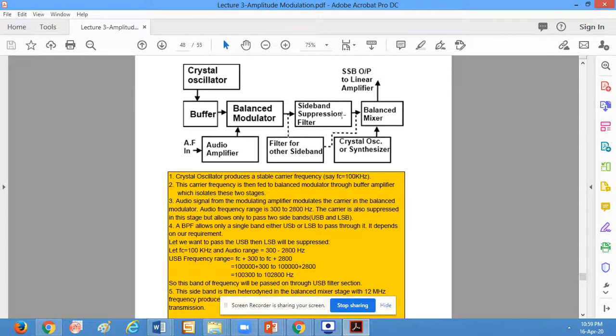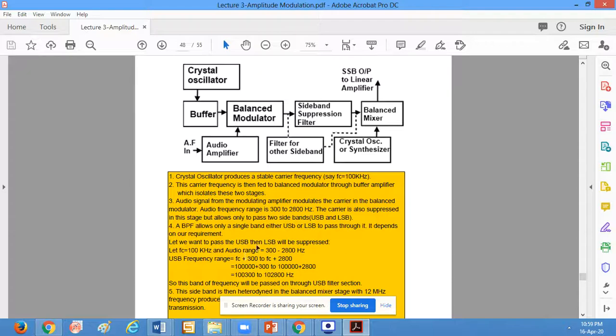Then it is given to another balanced modulator, and we have another crystal oscillator that is synthesizing the high frequency. Suppose we use a band pass filter that will pass either the upper sideband or the lower sideband. Suppose we have to pass the upper sideband, then the LSB will be suppressed. The carrier that we generated is 100 kilohertz.